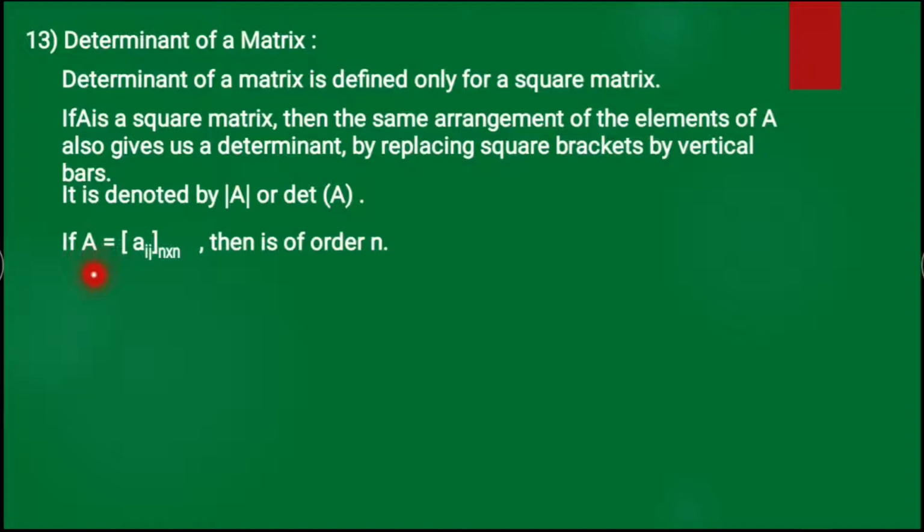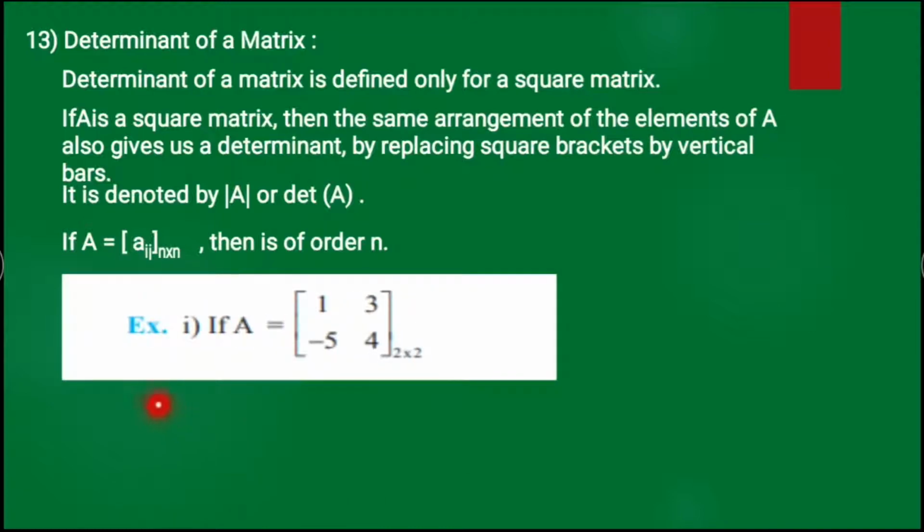So see here, if A equals a matrix of order n by n having elements a_ij, then we call this a determinant of order n and a matrix of order n. For example, we consider a matrix of order 2 by 2.